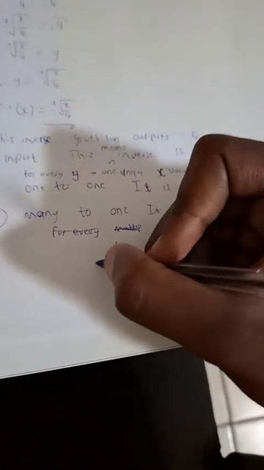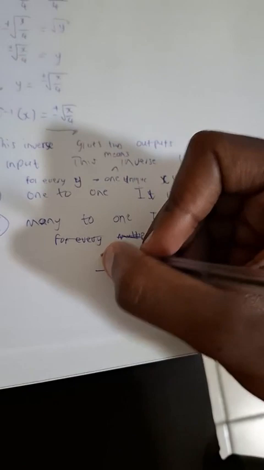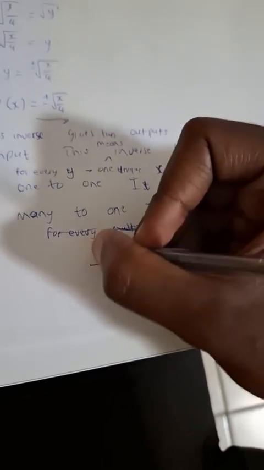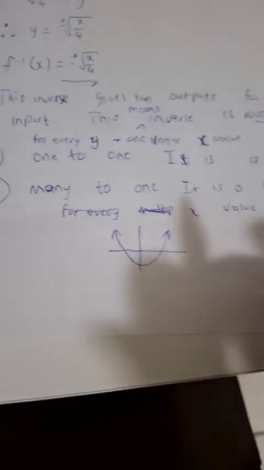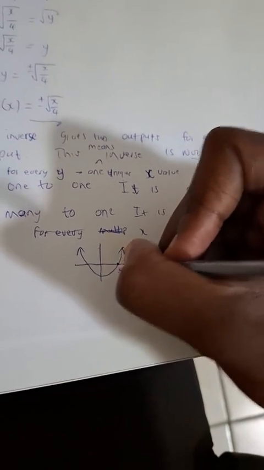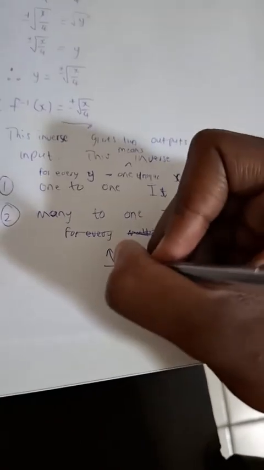Okay, so a parabola, if you have a quadratic function, right? I'm gonna just draw a random parabola here. Okay, so here's the thing, guys. A parabola is a function. So for instance, we can have an x value here, which is 4, and another which is -4.